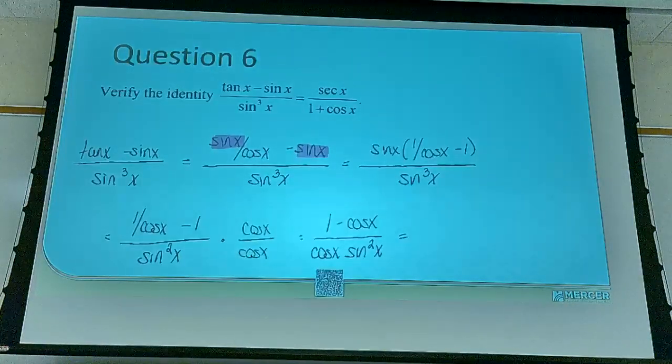Bunch of cosines, can't you rewrite sine squared in terms of cosines? That would be 1 minus cosine squared, right?